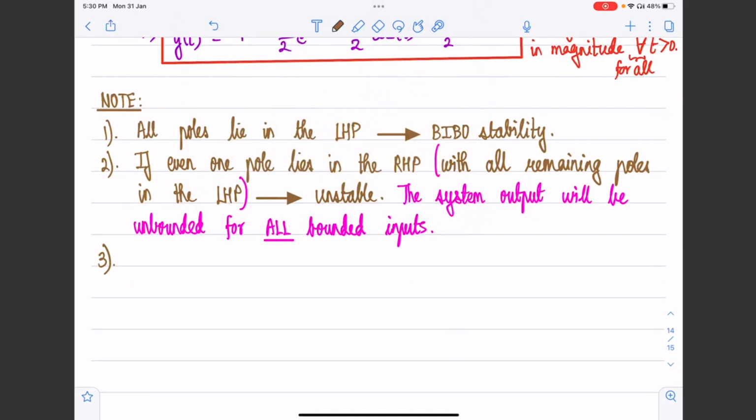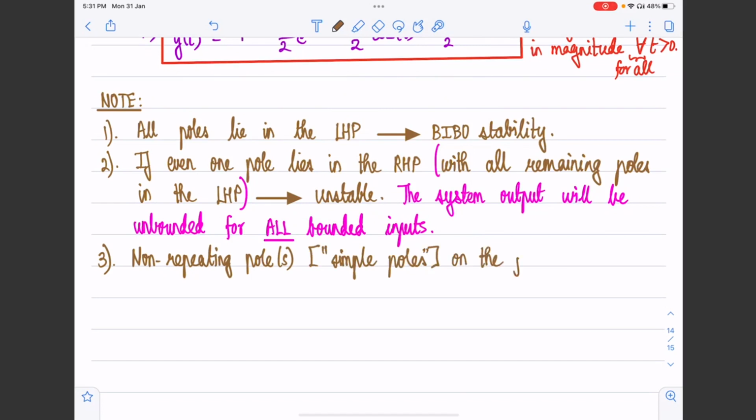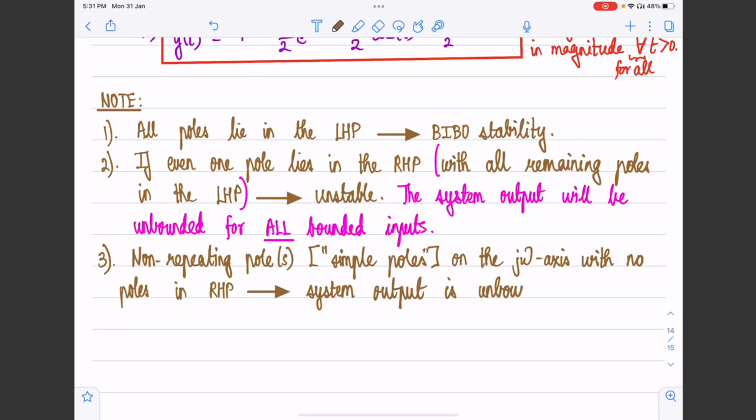Now let me write down other cases, based on today's example. If we have non-repeating poles, what are called simple poles, poles which don't repeat, on the j omega axis, on the imaginary axis, with no poles in the RHP, this would imply that the system output is unbounded only for select inputs.